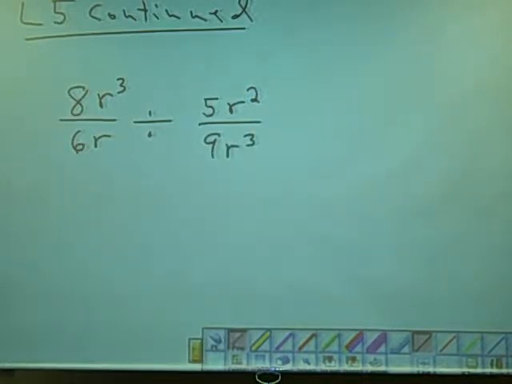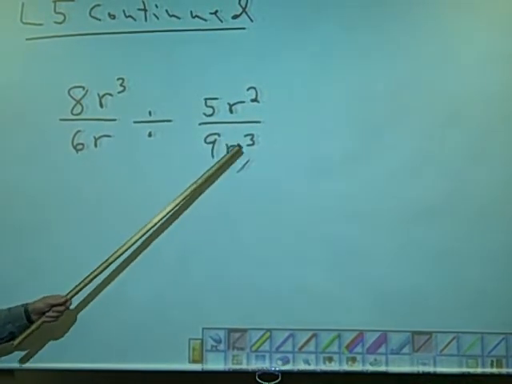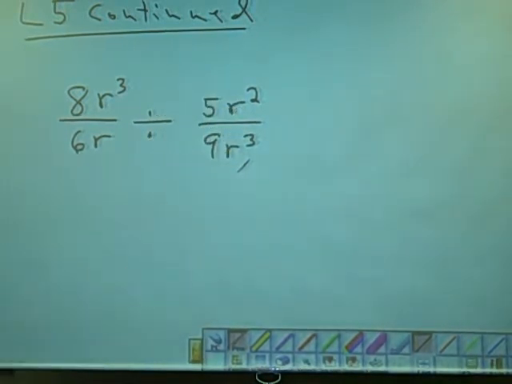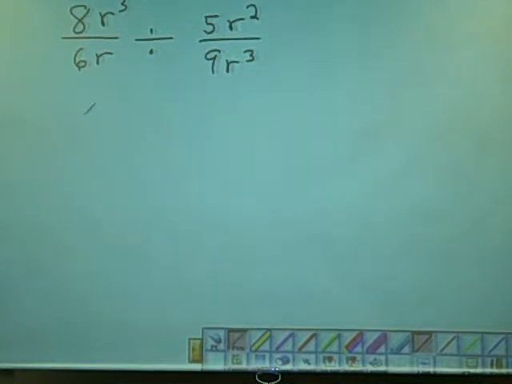Now, before we do anything, you want to go ahead and multiply the reciprocal of that second term. In other words, you're going to flip it and then multiply it, because you don't want to get into the habit of doing any kind of canceling before that. So we're just going to go ahead and do that first. So that's 8r cubed over 6r times the 9r cubed, that's in the denominator.